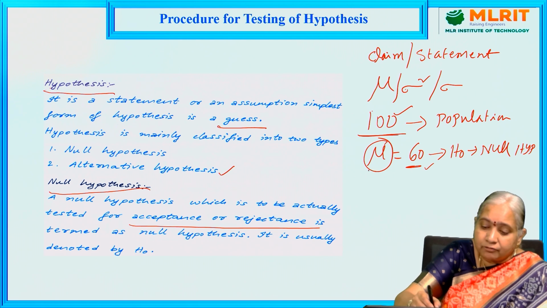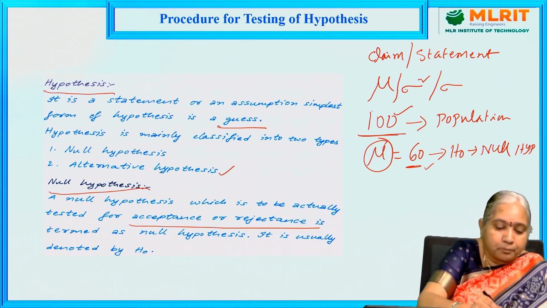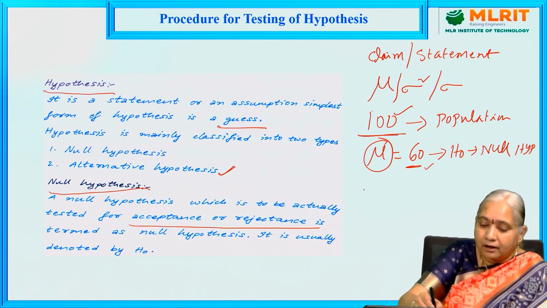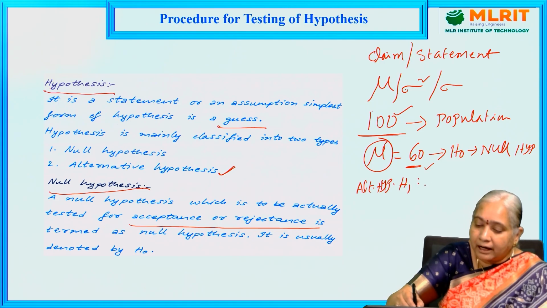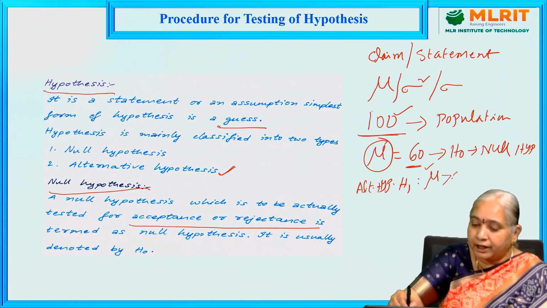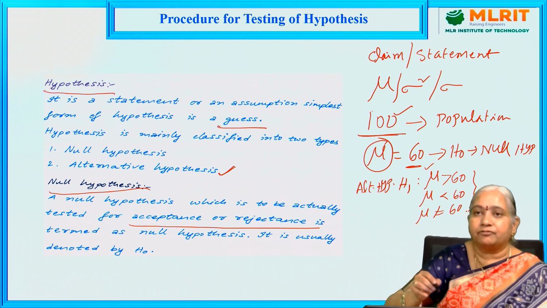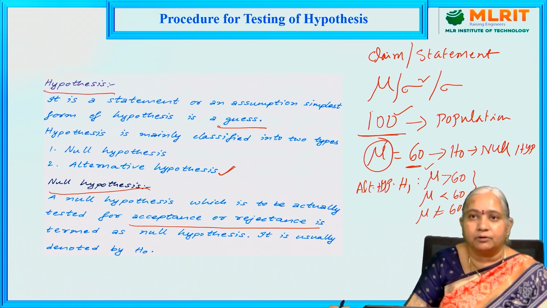Suppose we are rejecting this hypothesis, then we take the alternative hypothesis, denoted by H1, and it is defined as either mu greater than 60, or mu less than 60, or mu not equal to 60. These are the three different cases we define in the alternative hypothesis.